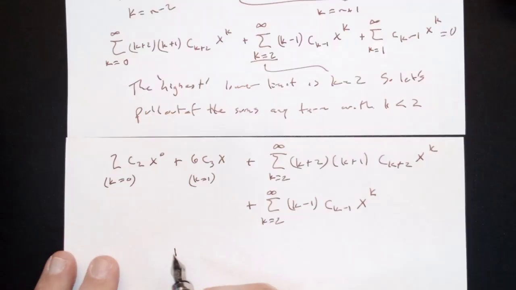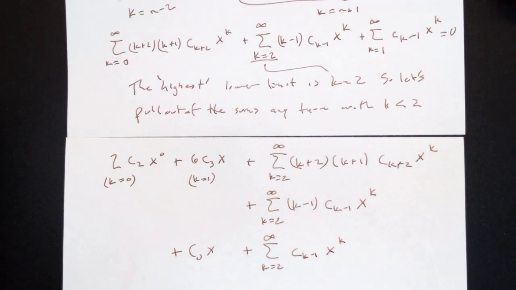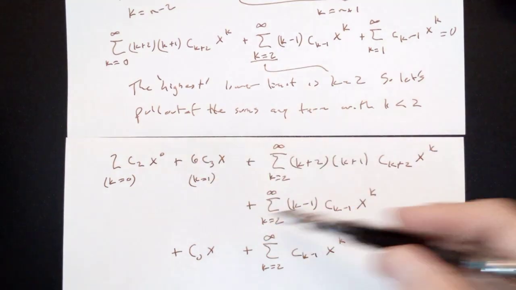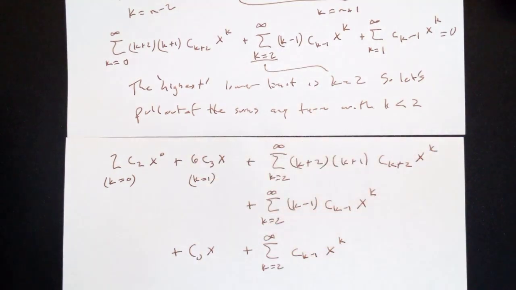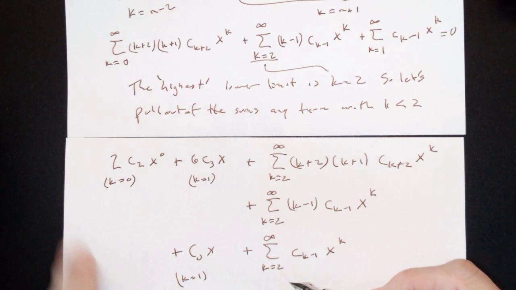So it'll be c0 x to the 1 plus everything from 2 on. So first sum, second sum, third sum. See how all of these start at 2 now? And here's everything that was before 2.